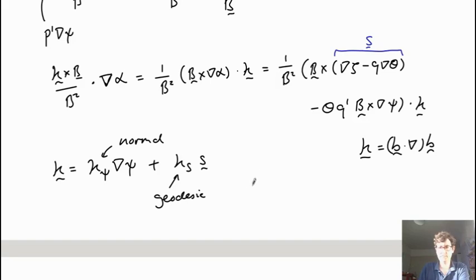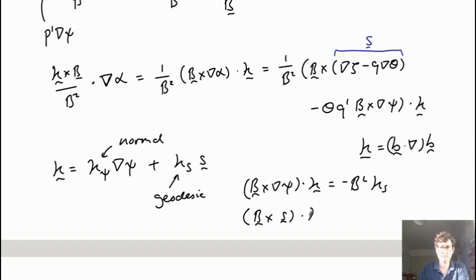You can get that if you have B cross grad psi dotted with kappa, this gives you basically a B squared minus B squared times kappa S. And if you have a B cross S dot kappa, then this gives a b squared kappa psi. And so that's these 2 components here.